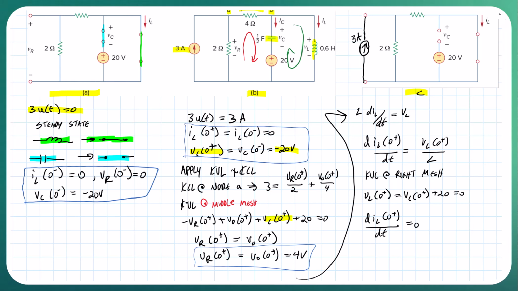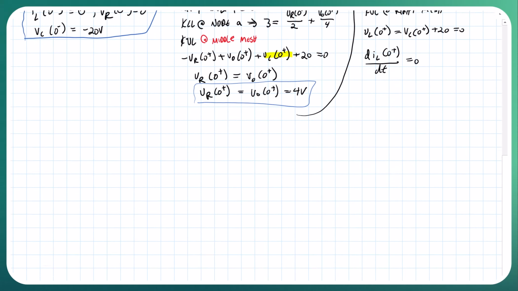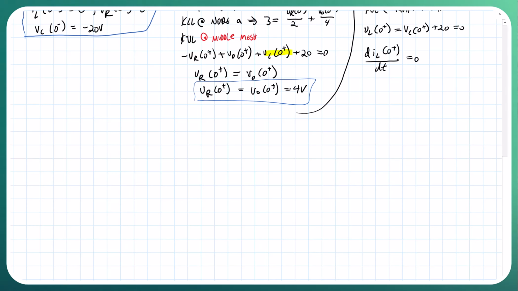Now we can do the same thing for C dVC over dt. So I'm going to highlight that, and then we can do the same thing similarly. We know that C dVC over dt is equal to IC.